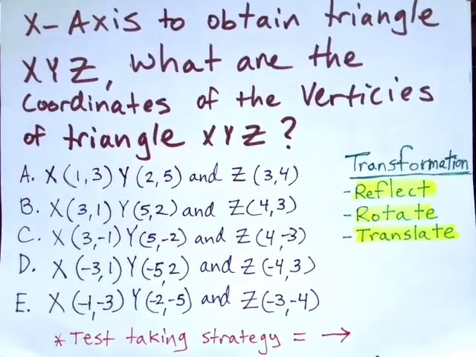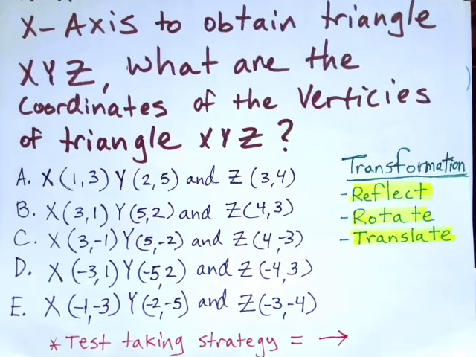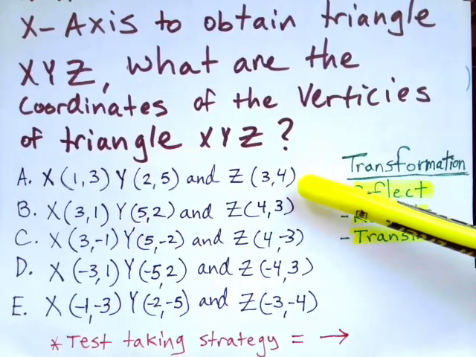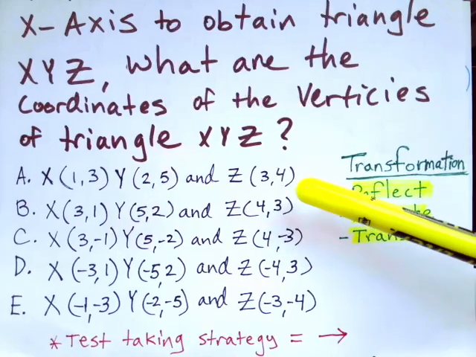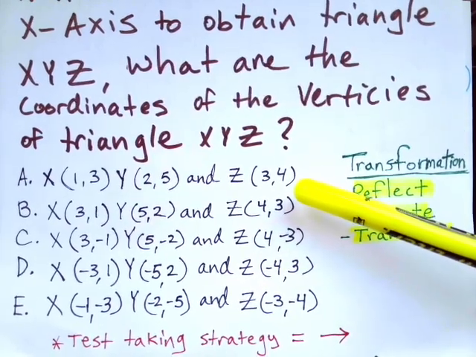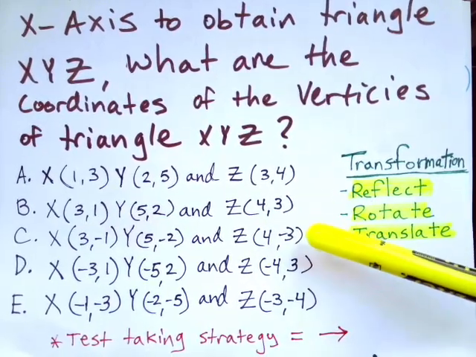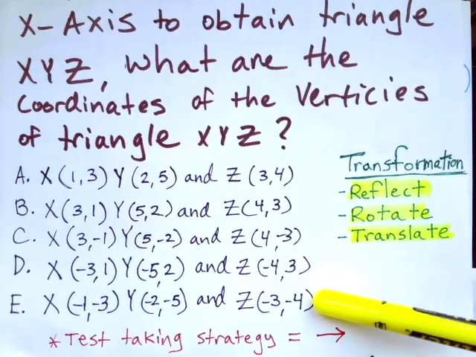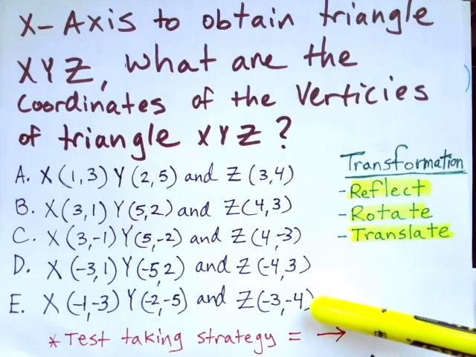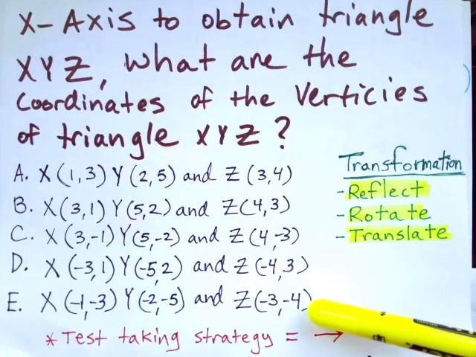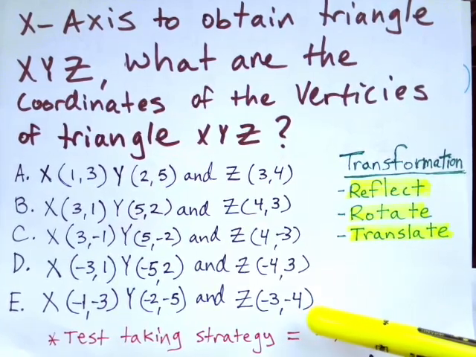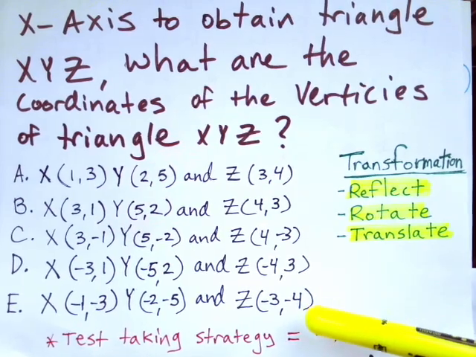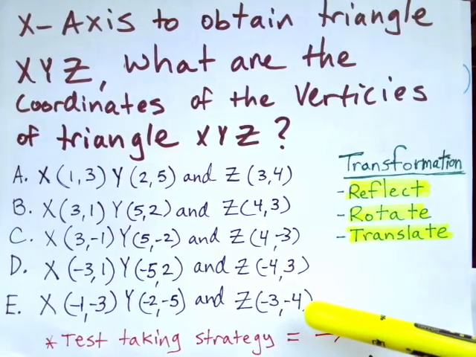And if you watched part 1 and part 2, I talked about a test-taking strategy. Anytime you reflect over the x-axis, your y values, like in option C and option E, will always be negative. They will always be negative when you reflect across the x-axis.